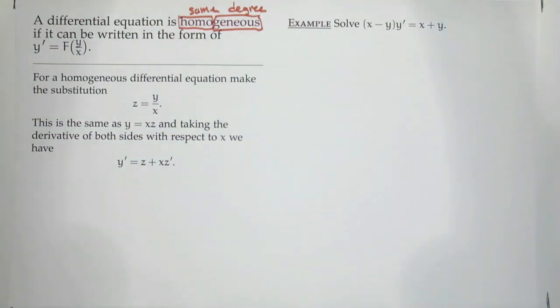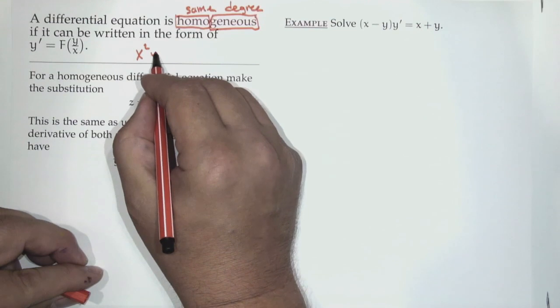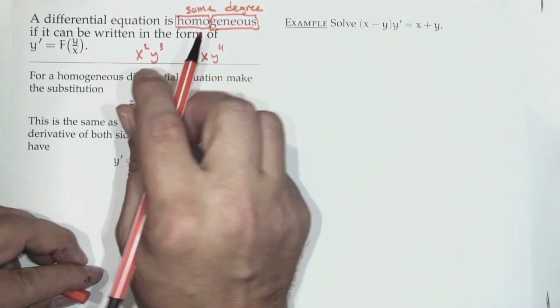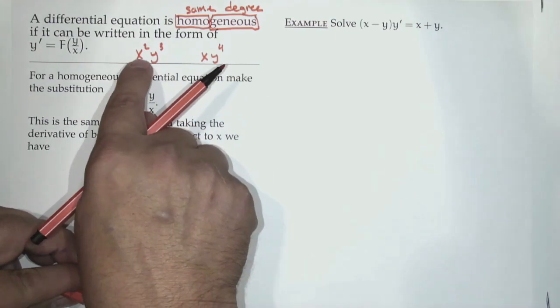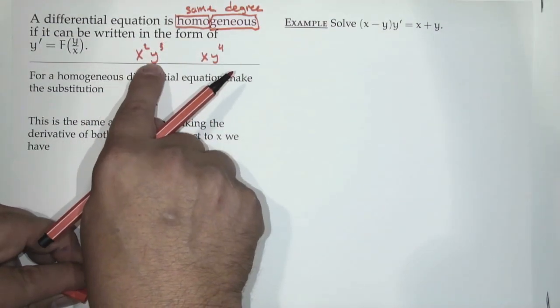Think of the degree of a polynomial, like x squared y cubed or x y to the fourth: the total. What's the power if you combine the powers of x and y?